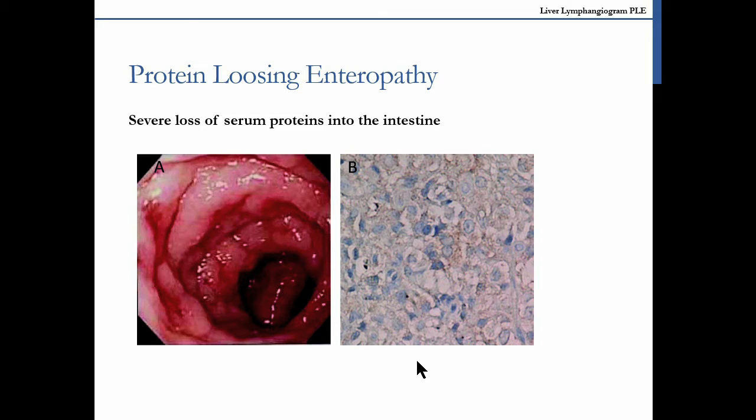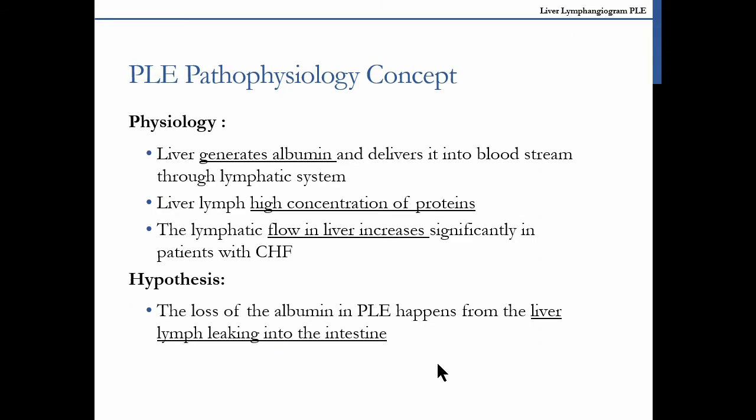We went in the thoracic duct, we injected different locations, we felt it's reflux, we couldn't find anything until we came to this concept. We said, okay, we know that the liver generates albumin, 12.5 grams a day. We know the liver lymph has a high concentration of proteins based on the old literature, and as I heard there's some discussion about that today, but that's what I know from the literature.